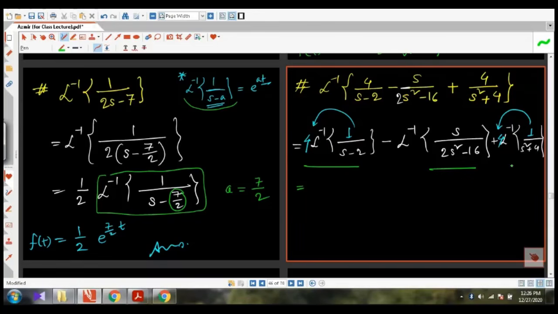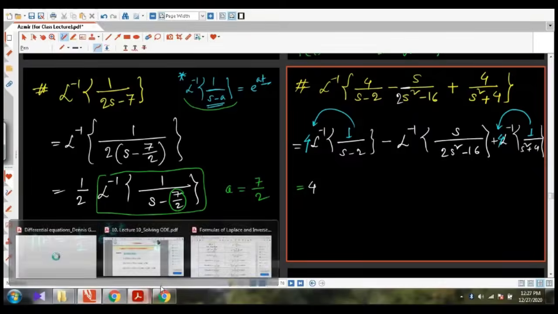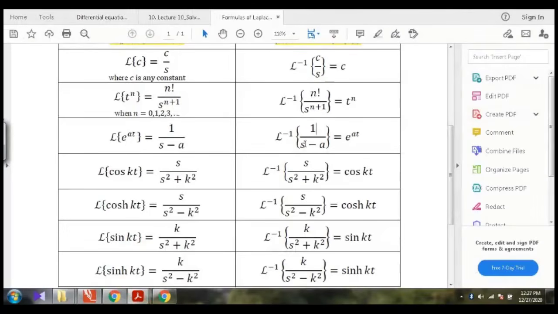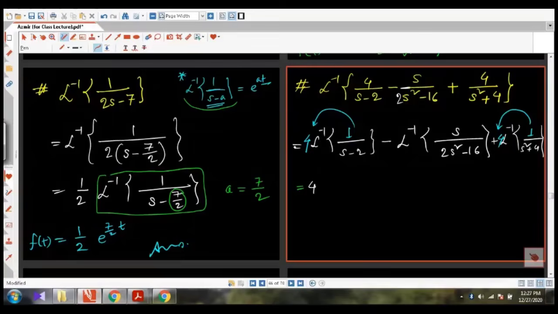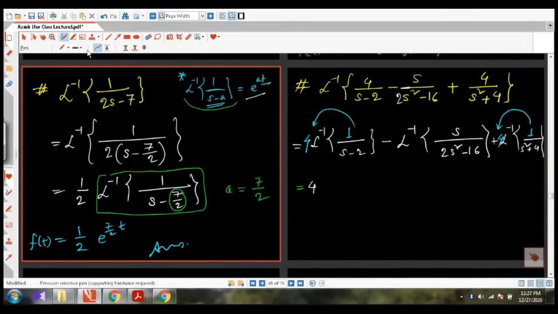Now we have total 3 problems, so step by step we can solve. It is 4 times inverse Laplace of 1 over s negative 2. That means 1 over s negative a will be e power at. Using this formula, we can write the result for the first one.